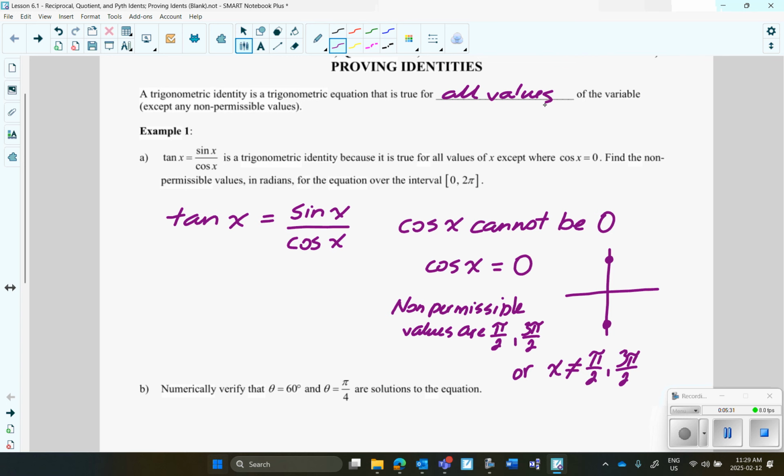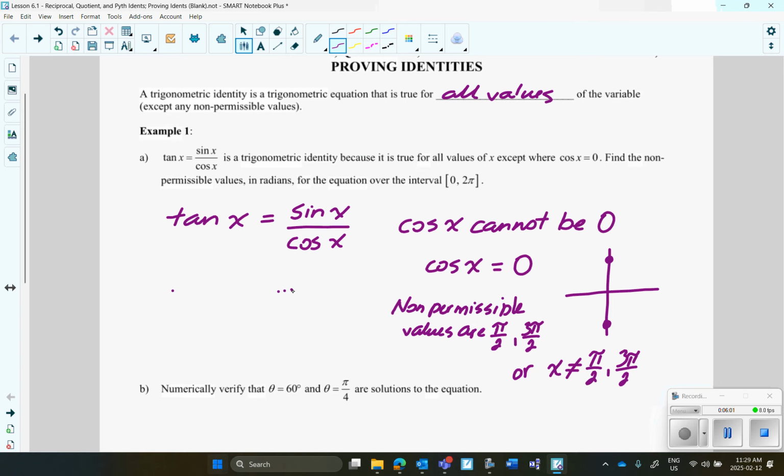And it's a true identity, this does equal this, as long as x is never these angles. So that's the first thing we've got to think about when we tackle these identities. Sometimes there will be non-permissible values. You won't be asked that a lot. What we'll be doing past this will be much more common.